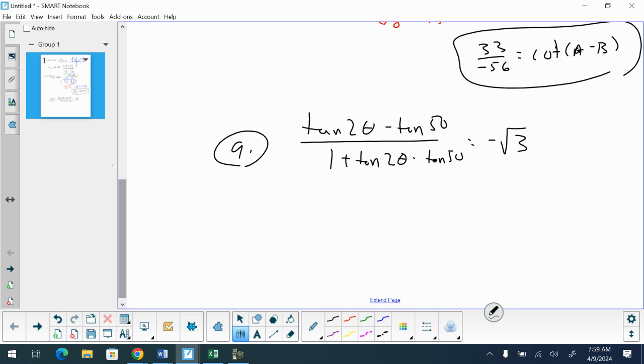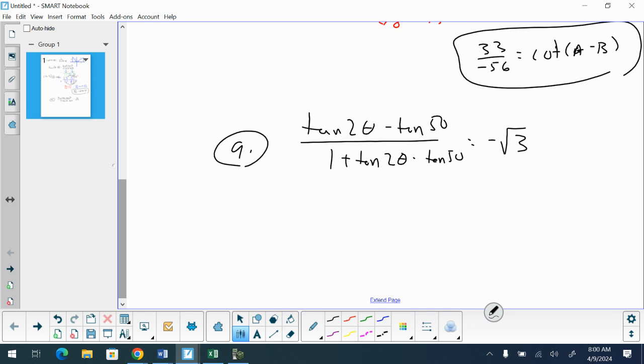Once again, what you're looking at is all the right-hand side of your formulas that you have written down, hopefully. Which one looks like what we have there? Tangent minus tangent over 1 plus tangent times tangent.